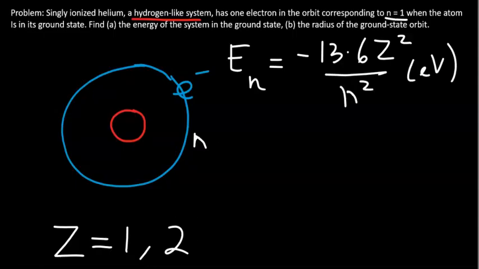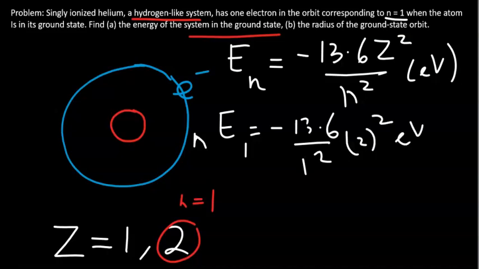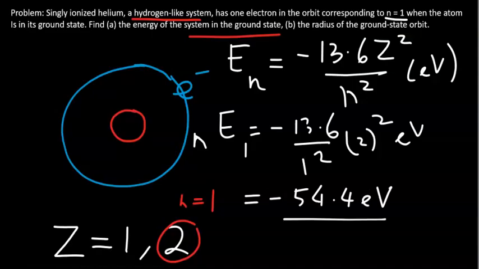And in this case, the value of Z is 2, and since it is the ground state, n equals 1. So the energy is quite simply minus 13.6 over 1 squared times 2 squared in the units of electron volts, which will give you minus 54.4 electron volts as the answer for part A.